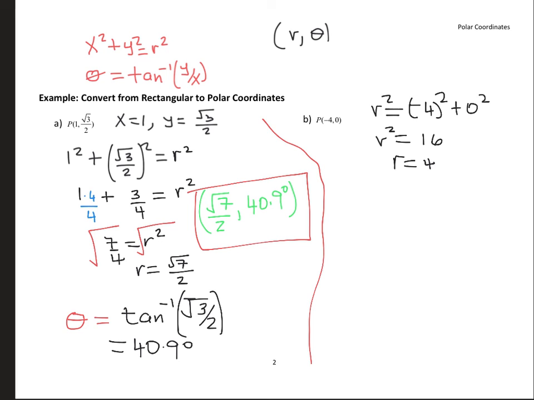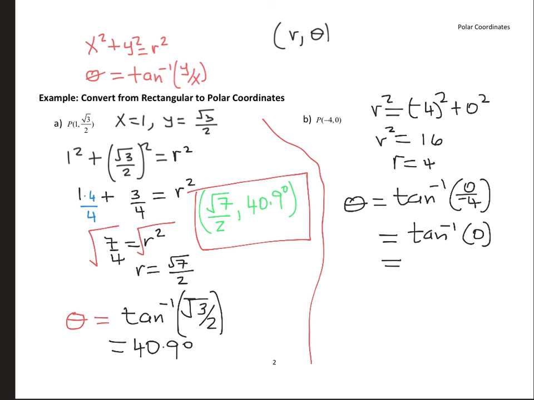Then I just need to get the angle. So how do I get the angle? Theta is equal to tan inverse 0 over negative 4. That's just tan inverse of 0. And what do I get?